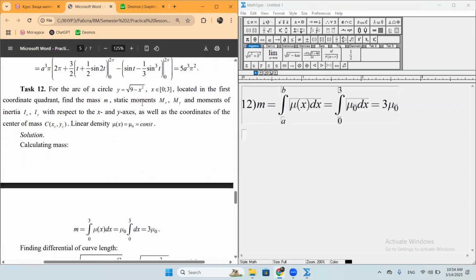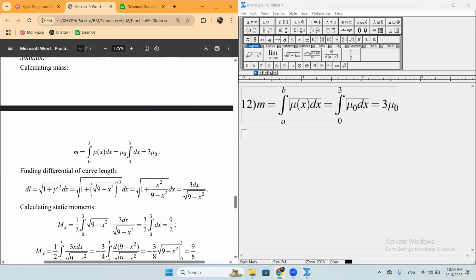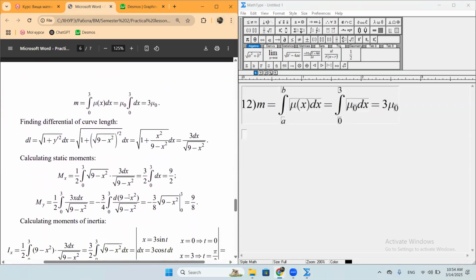Then we have to find static moments. Static moments are found by the following formula. So relative to the x-axis, we calculate it using the following formula.